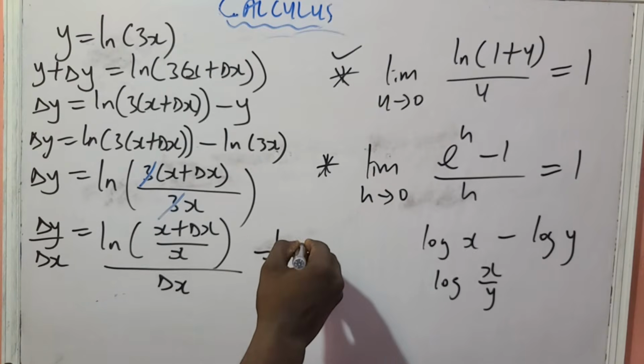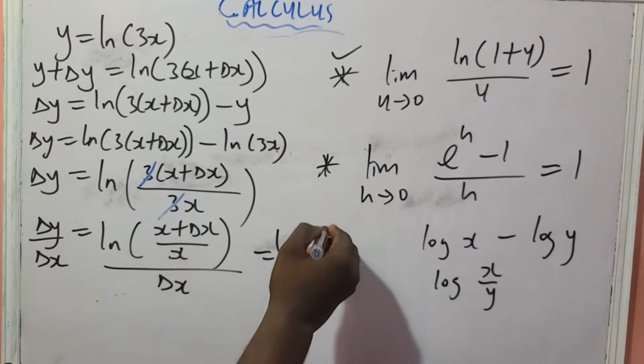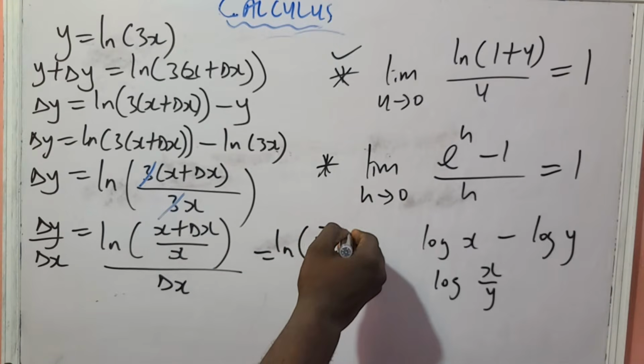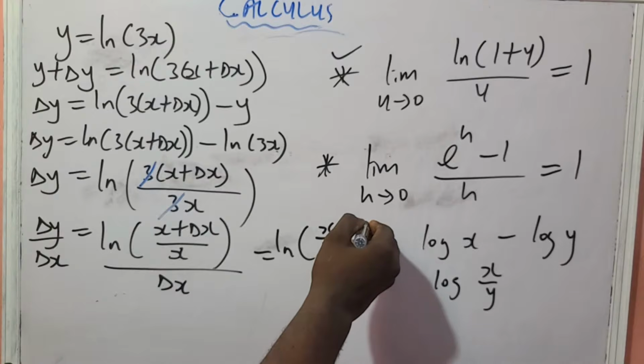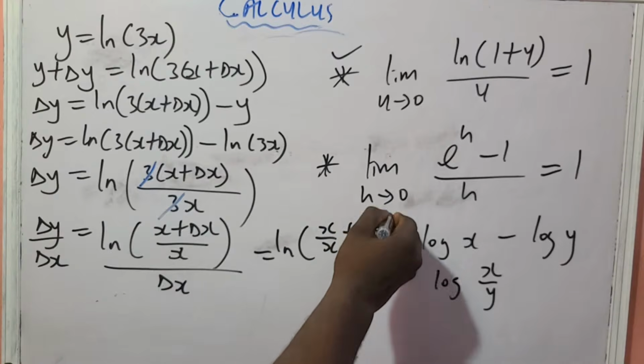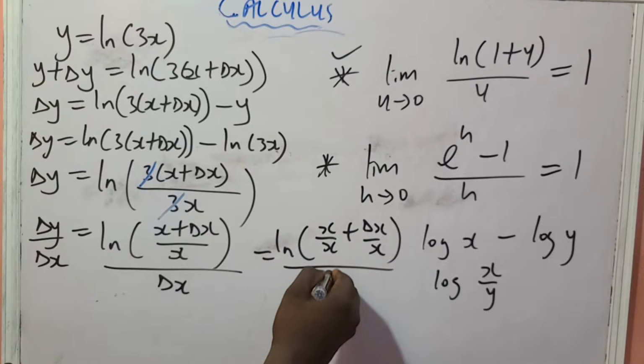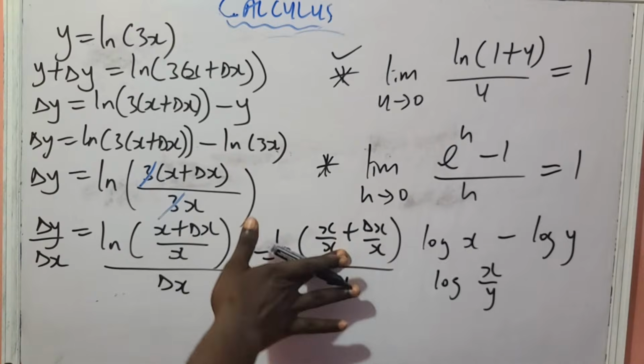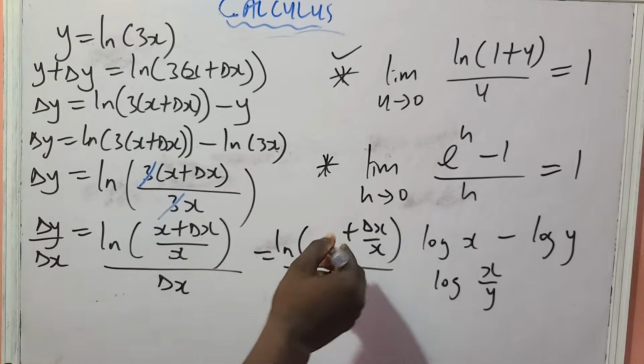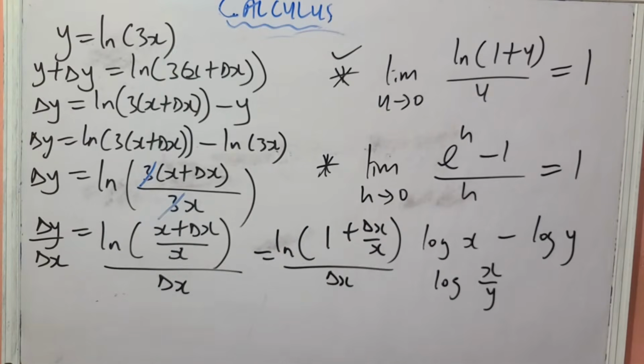This will be ln of (x + change in x) over x, all over change in x. So all this returns to 1. I'm sure you agree that x over x is 1. So good, 1. This is much better to see. So now, look at this.